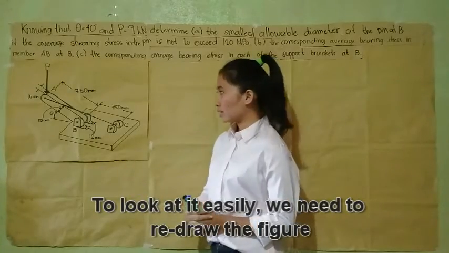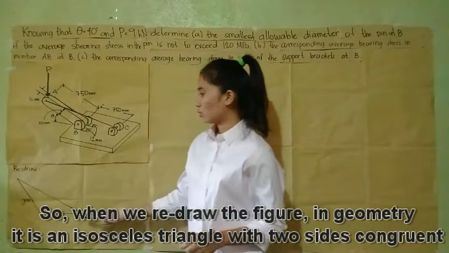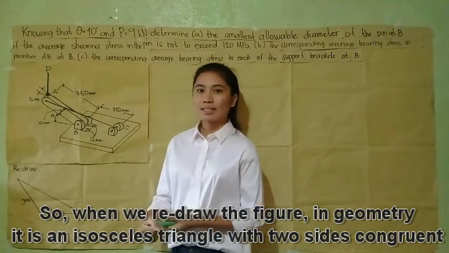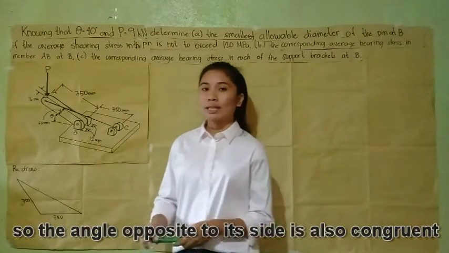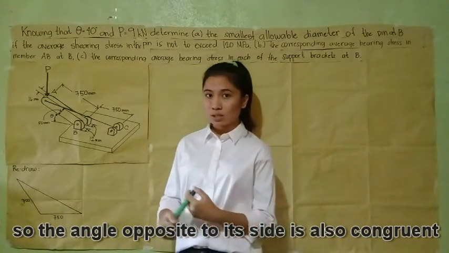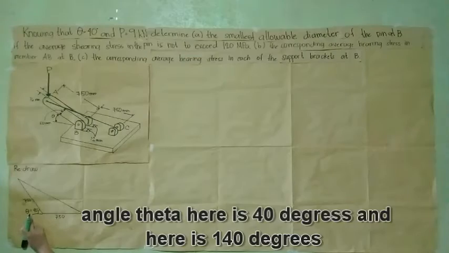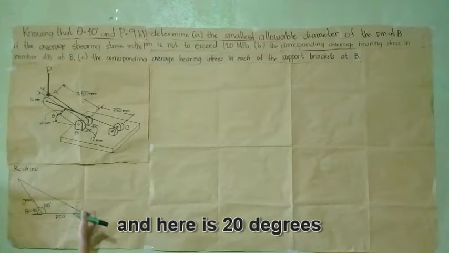To look at it easily, we need to draw the figure. So when we redraw the figure, in geometry, it is an isosceles triangle with two sides from drawing, so the angle opposite to each side is also from drawing. Angle theta here is 40 degrees, and the angle here is 140 degrees.